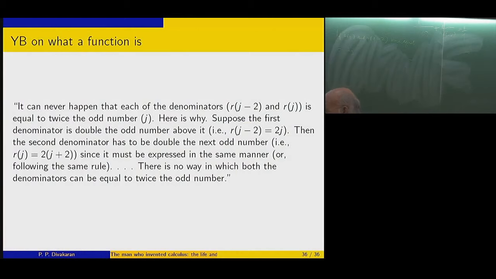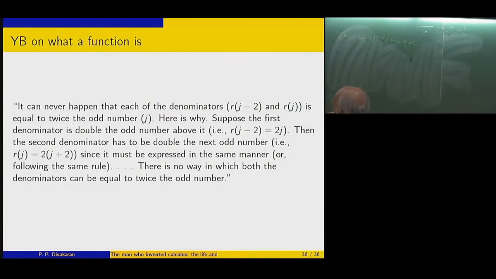But he says that can never be. And this is what he says, a small part of the quotation: it can never happen that each of the denominators Rj minus 2 and Rj is equal to twice the odd number j. Here is why.